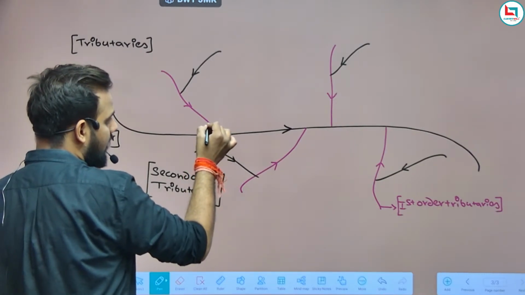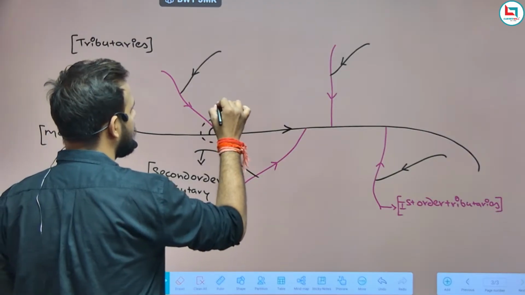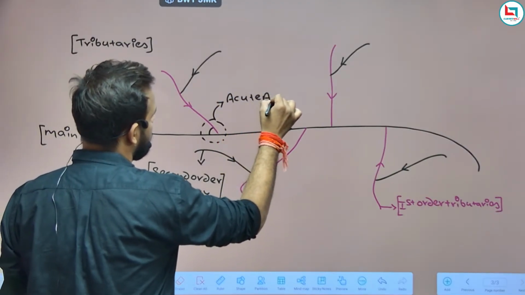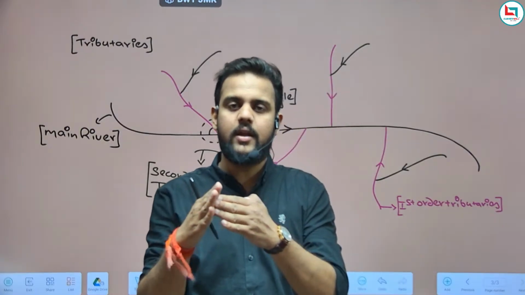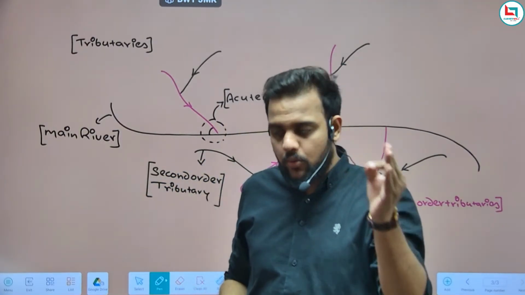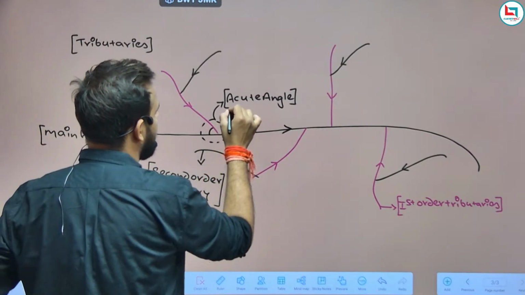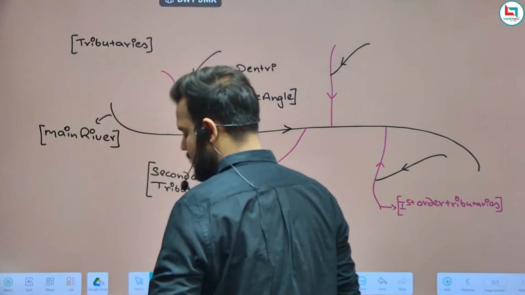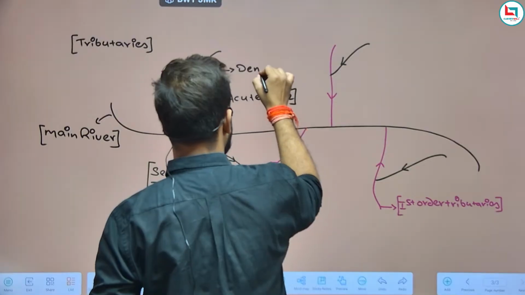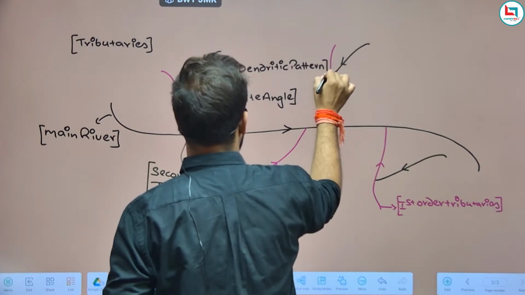When a tributary meets the main river and makes the acute angle, then that particular pattern is known as the dendritic pattern.